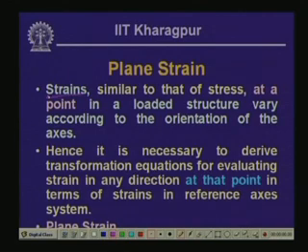The strain at a particular point in a loaded structure varies. It varies according to the orientation of the axis. If we have a rectangular axis system, then what strain are we expecting? Say, for example, we are interested to evaluate the strain at this particular point.